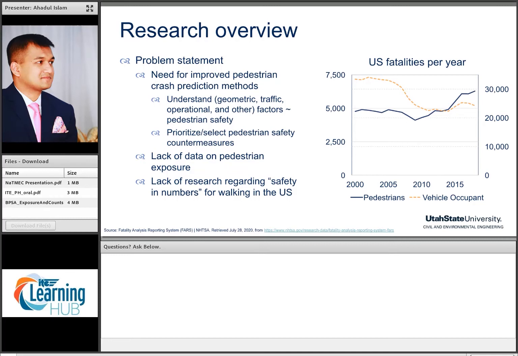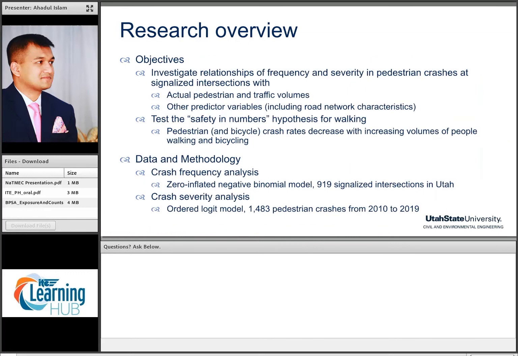A secondary motivation for this work was to examine the safety in numbers hypothesis for walking. While there has been a number of researches on this topic in European context, research regarding the safety in numbers concept in the US is very rare. With that in mind, the focus of this study is twofold.